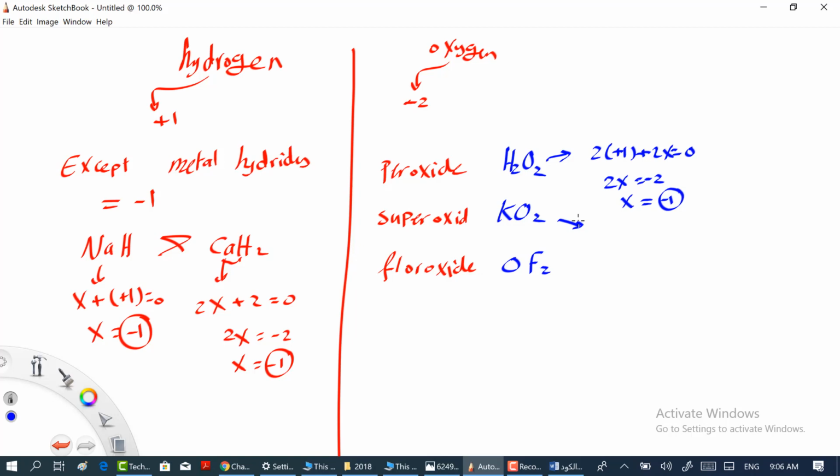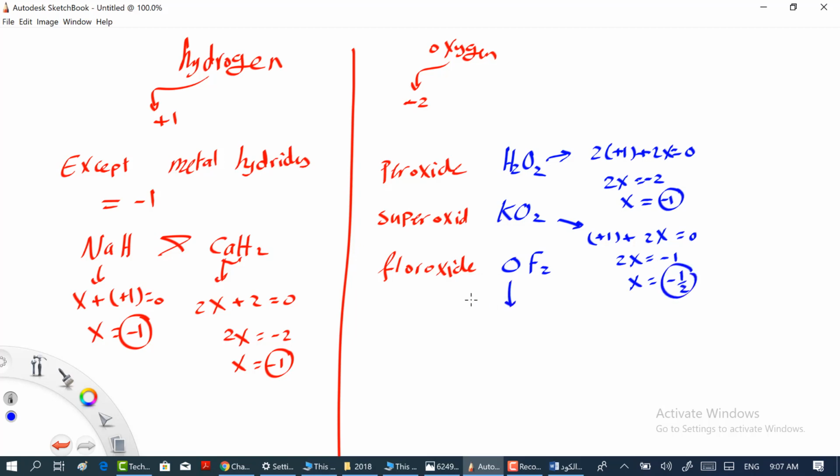It absorbs the carbon dioxide gas and gives us oxygen gas for respiration in the air filters of closed submarines or aeroplanes. So for the potassium, positive 1 plus 2X equal 0, 2X equal negative 1, X equal negative half.